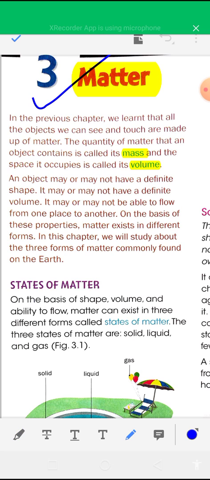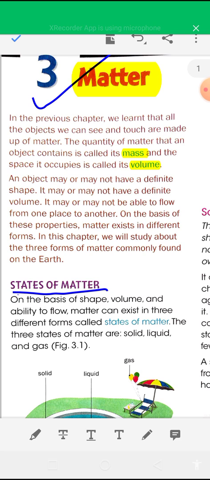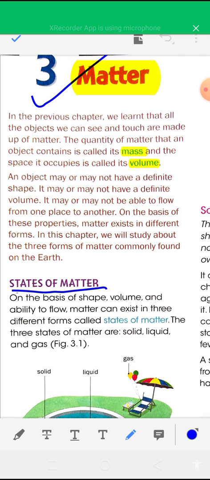Now the types of matter. State of matter. Mainly three states of matter exist in nature. Besides these three, there are two more states of matter. The main three states of matter are solid, liquid, and gas.